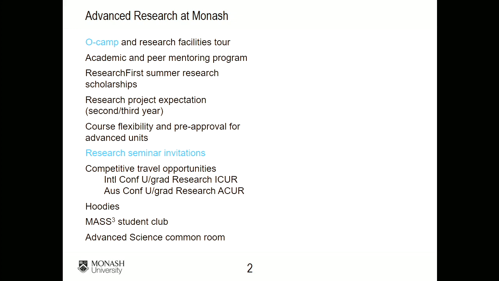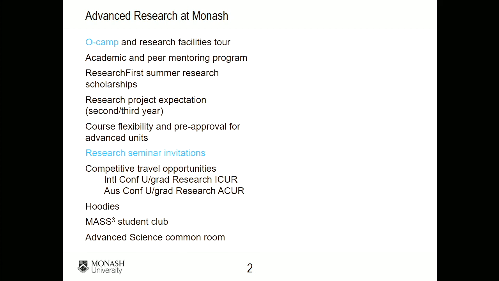Depending on which major you select and what school you're based in, you will also receive research seminar invitations. So you basically get to be involved and see what's happening in terms of the research in your discipline firsthand. So this is cutting edge research, the latest research that's going on.